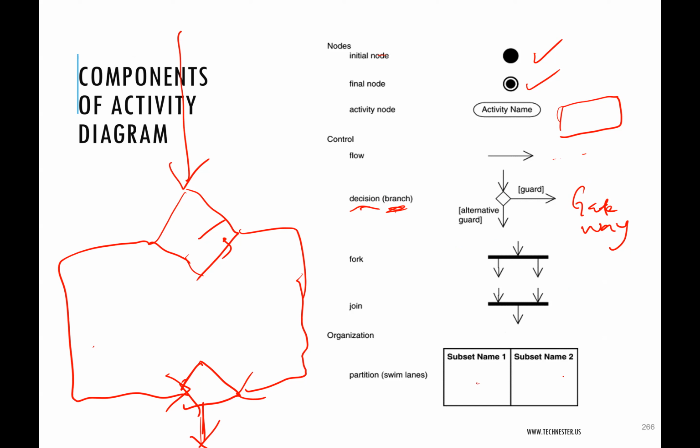Then your swim lanes, which is where you put each actor's activity. Now, all the swim lanes will be contained in what is called a pool, right? So a swimming pool, like an Olympic size swimming pool, we have different lanes, swim lanes, for different people to swim.